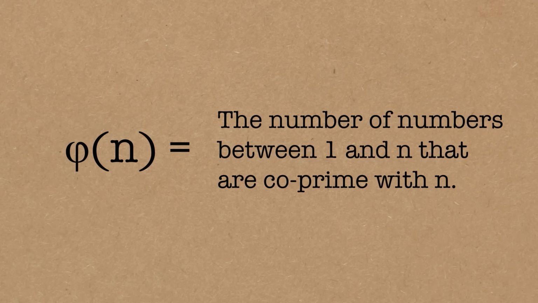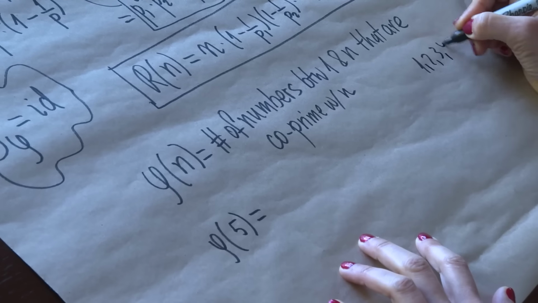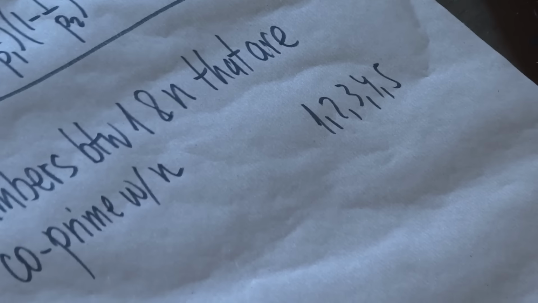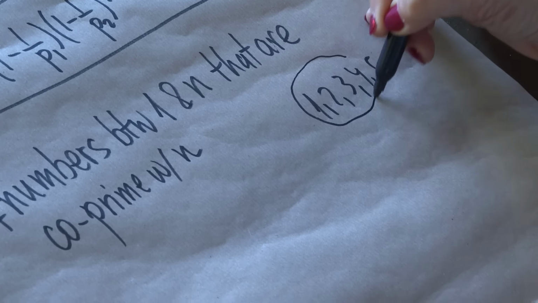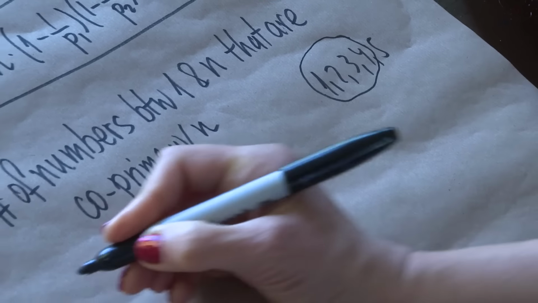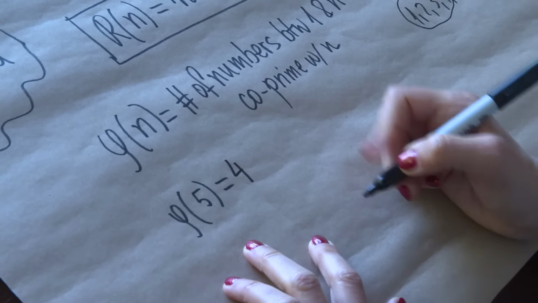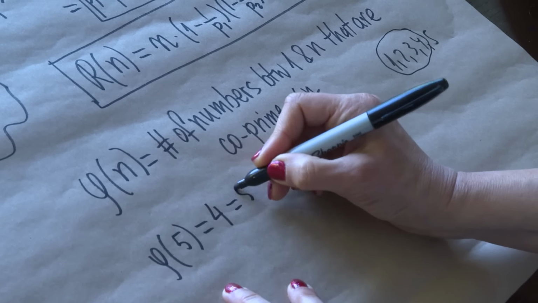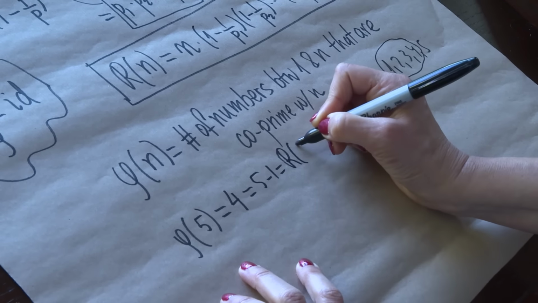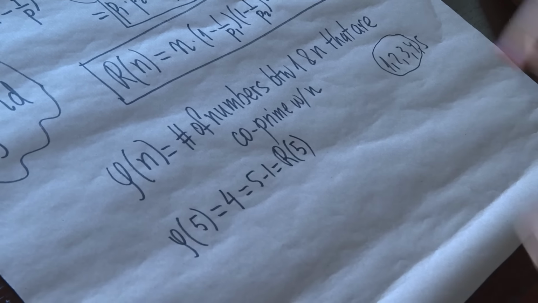All right, what does this mean? Let's say phi of 5. Well, what numbers from 1 to 5 are relatively prime to 5? I mean, everything except for 5, because 5 is prime. So that would be 4. And of course, you recognize that that's 5 minus 1, which was our Raffle function of 5. That shouldn't be a surprise.